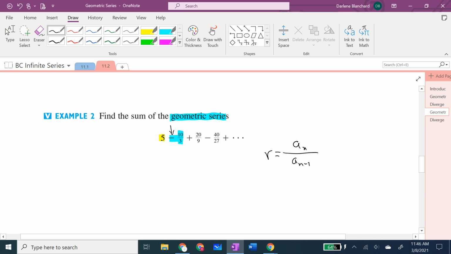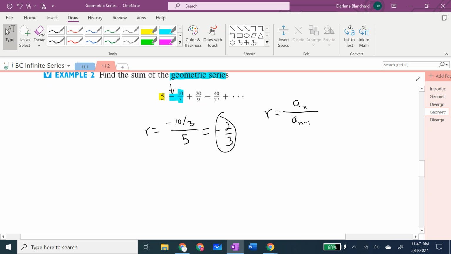So negative 2/3, and you can get to that either by thinking about what am I multiplying 5 by to get that, or you can literally do the division, and come up with your R. Now, because that R has an absolute value between 0 and 1, you know that you have a converging geometric series.